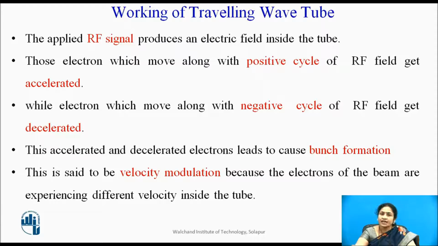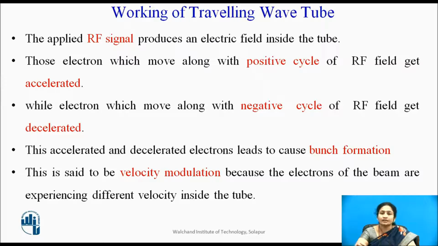The electrons which are affected by the positive cycle of the RF field will get accelerated, while the electrons which come in contact with the negative cycle of the RF field will get decelerated. This acceleration and deceleration lead to bunch formation, because the speed increases and decreases.